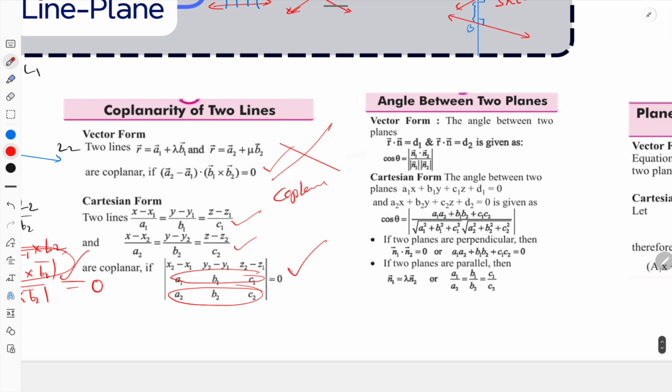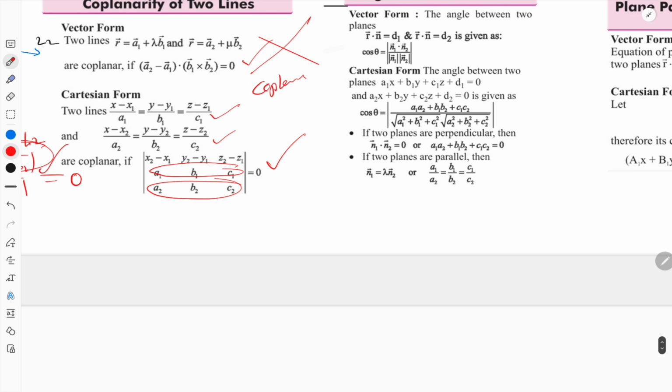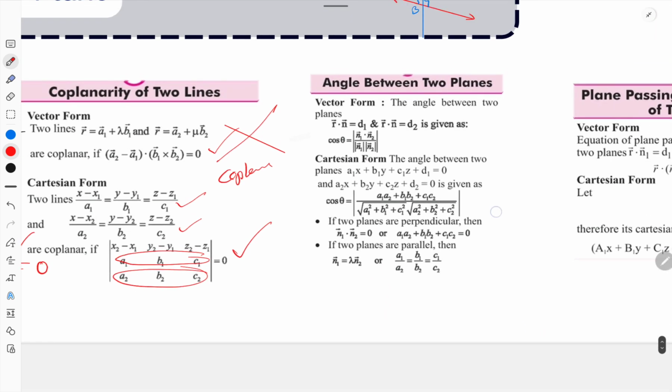Right. Angle between two planes. When you talk about two planes in space, when two planes are intersecting, they will intersect along a line.